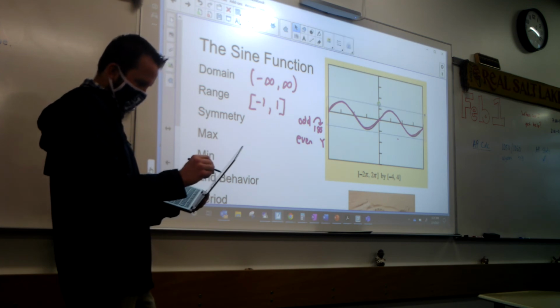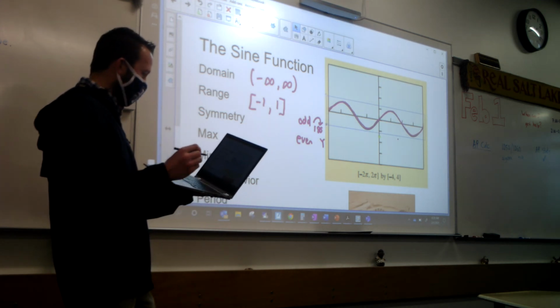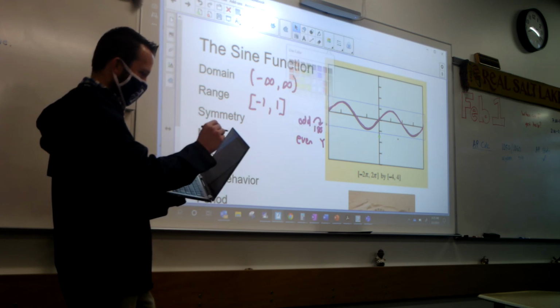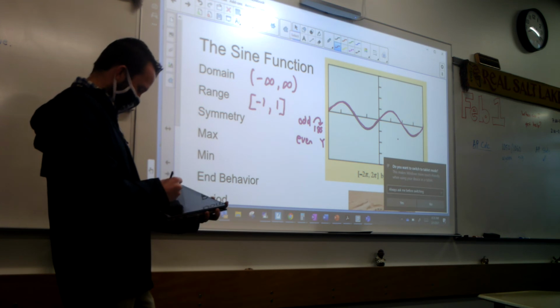Okay, now I'm going to flip it over. Boom, it landed on itself. Did you see that? Technology's so cool. All right. Okay, so what does that mean? What kind of symmetry is it? Odd. Good job.